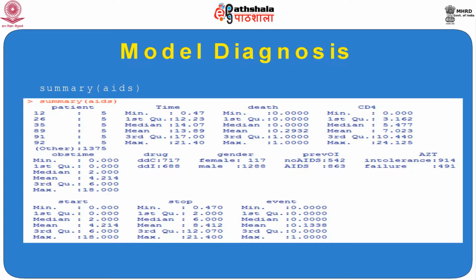We are using the snapshot here, and it is to be noted that total 467 individuals were there. No, it's 1400 plus observations, and the minimum follow-up time was 0.47 and the maximum was 21.40, and death of those patients is coded as 1, otherwise it is coded as 0 if the censored are alive.